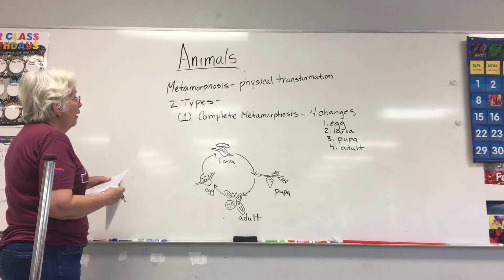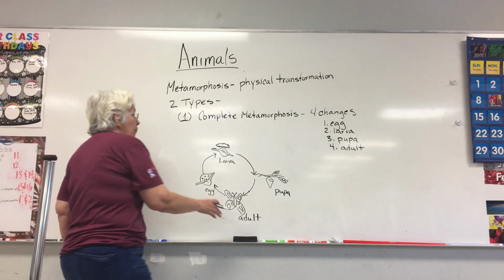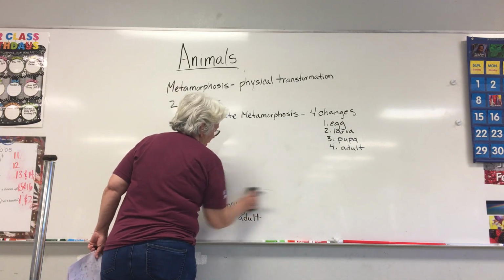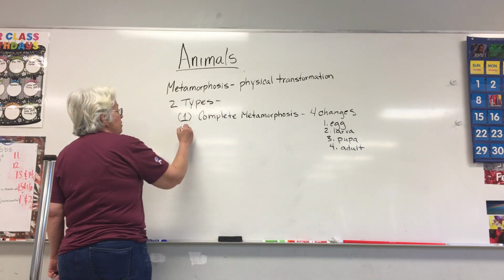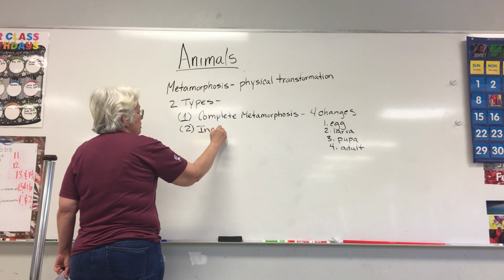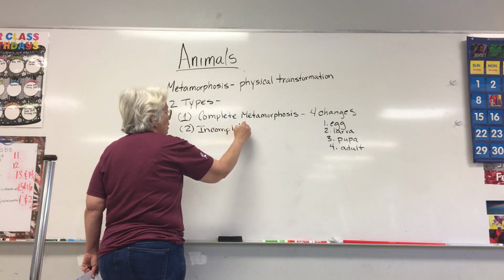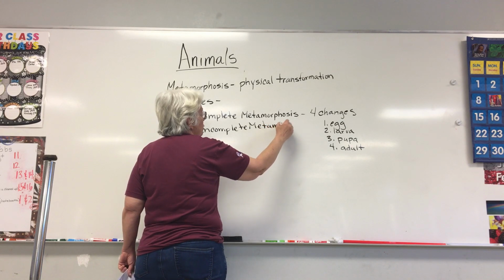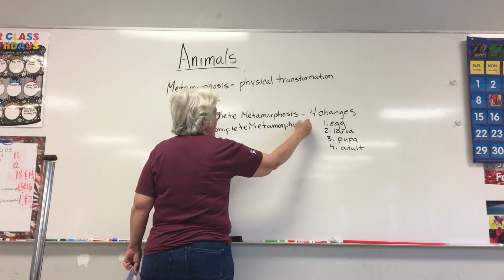an adult. Okay, our next type, and I'm going to erase this picture, I'm going to leave everything else, is an incomplete metamorphosis. And it has three changes.